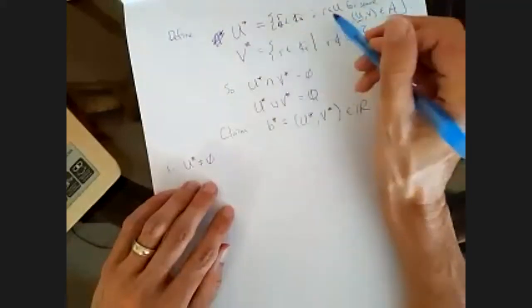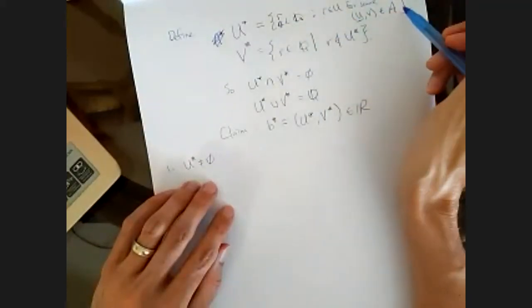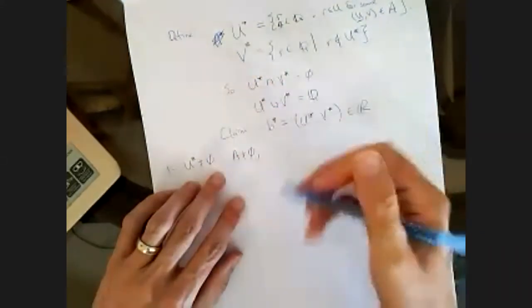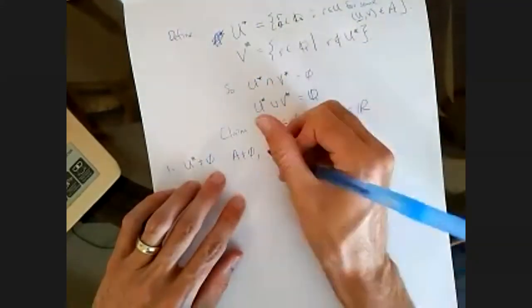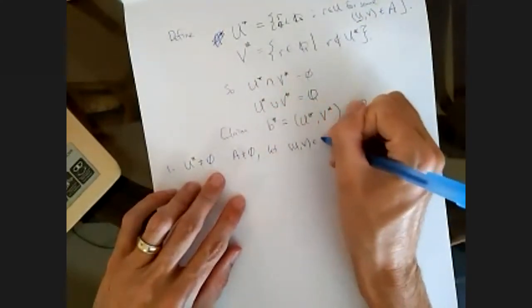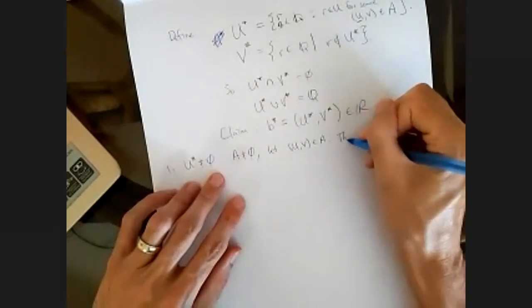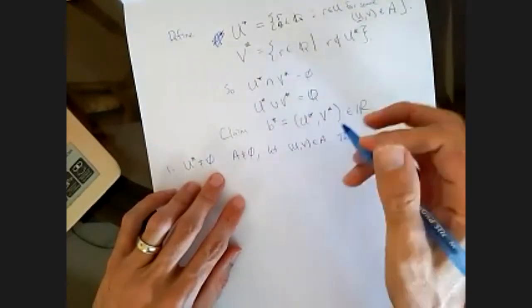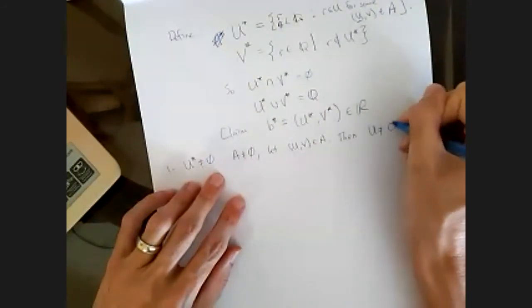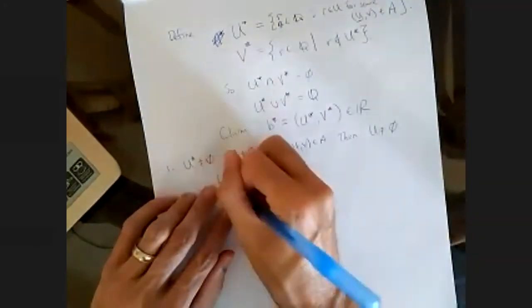Well, U star is all the things that are in some UV in A. Well, A is not equal to the empty set. That's by hypothesis. So let UV be some element of A. Then UV is a real number. So by definition, U is not equal to the empty set.